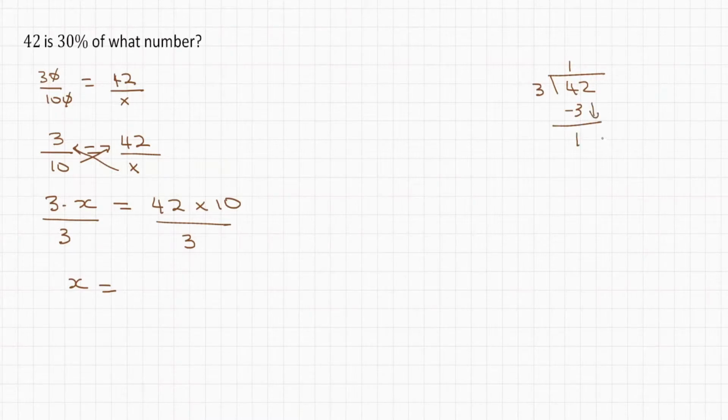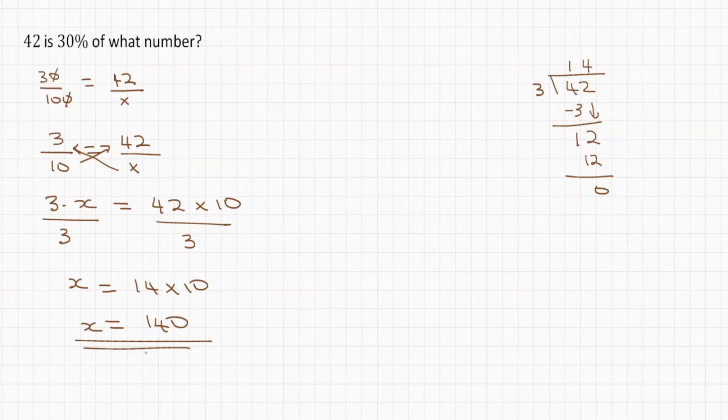We bring down the 2 here. 12 divided by 3, we have 4. 4 times 3, we have 12. Remainder is 0. So this is going to be 14 multiplied by 10, which is equal to 140. So that means 42 is 30% of 140.